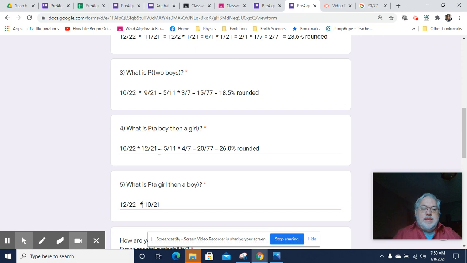Up here it's 22 times 21 in the denominator. It's still 22 times 21 in the denominator. So all we've done is we've flipped the position of the numerator. The denominators stay the same. So we actually have the exact same probability of pulling a girl and then a boy. And that is, of course, about 26.0% rounded. All right, I hope that was helpful for you.